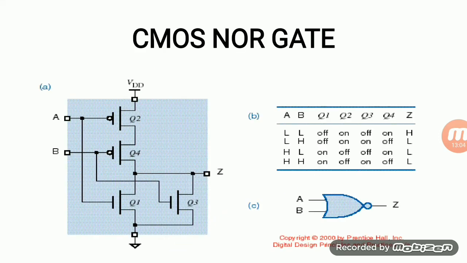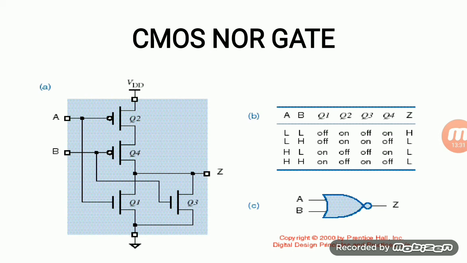Next, let us go for the CMOS NOR gate. The construction of the CMOS NOR gate is the reverse of the NAND gate. Here PMOS will be connected in series and NMOS transistors connected in parallel. In the same way, 0 0 means PMOS transistors will be on and NMOS will be off. The PMOS series is on, so the output becomes 1 whenever the inputs are 0 0.